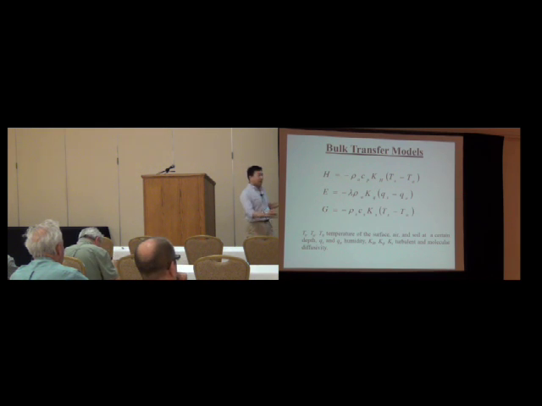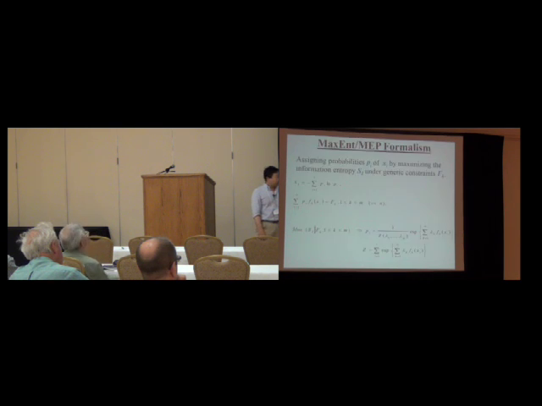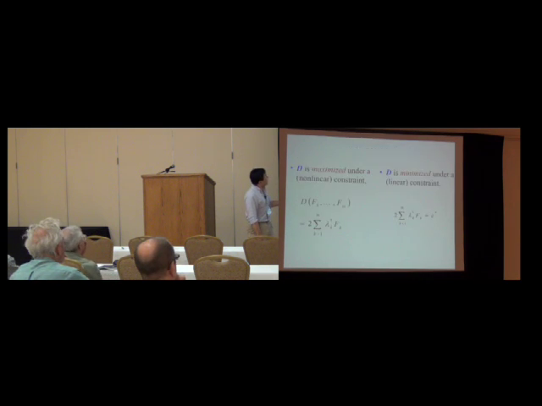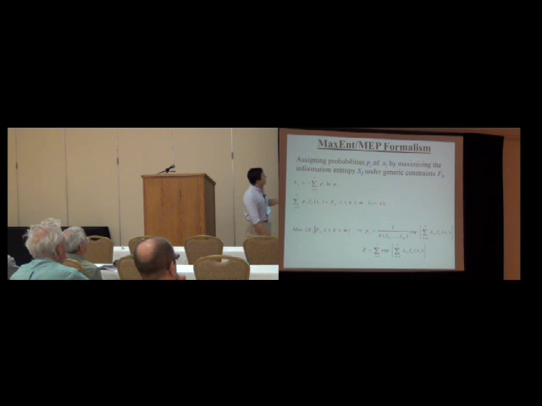So now we have this MaxEnt, MaxEP theoretical framework. Let's see how that can help us develop a model of surface fluxes. Let me give you a very quick overview of the theoretical framework I'm using to develop the model.